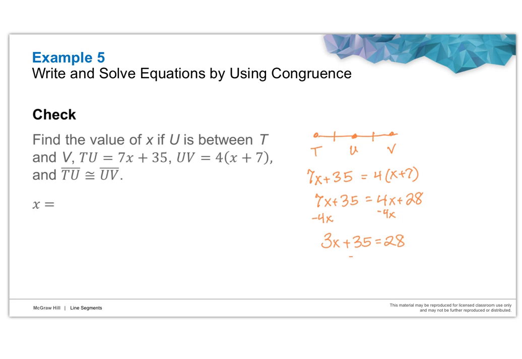Then we're going to subtract 35 from both sides. We have that 3x equals -7, and dividing by 3 on both sides, x equals -7/3, which is in lowest terms. No need to simplify that any further.